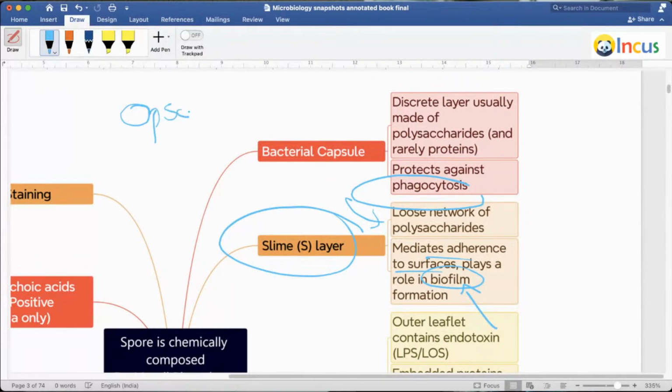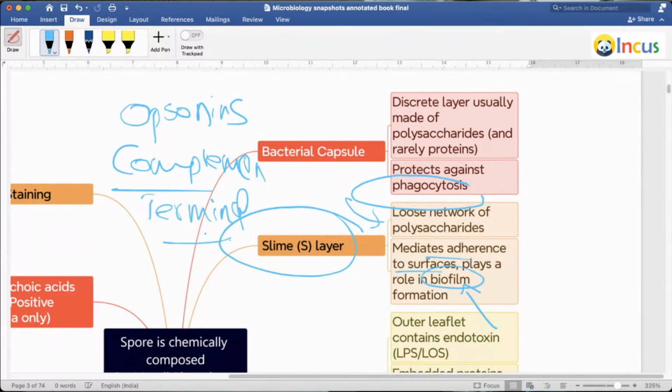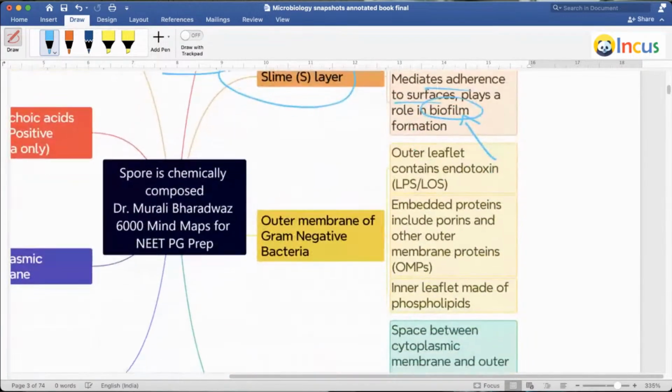We have something called opsonins. If you look at the complement proteins, the terminal components of the complement proteins are opsonins. They're important for the membrane attack complex they form and break the capsule. They protect against phagocytosis. And the bacterial capsule is made up of polysaccharides and rarely proteins.